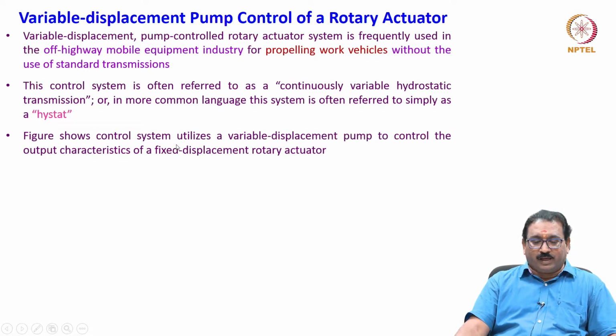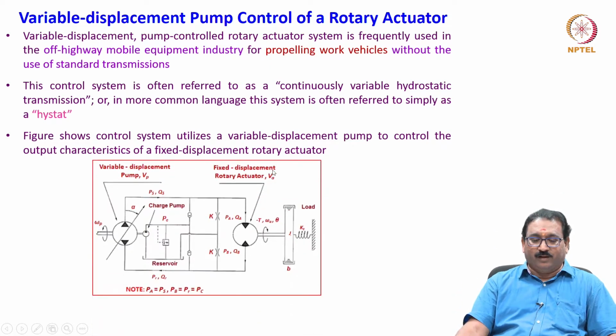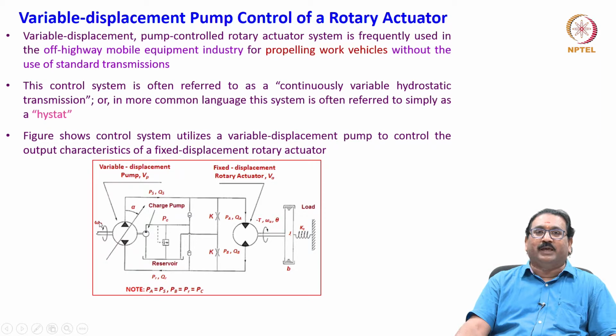The figure shows a control system that utilizes a variable displacement pump to control the output characteristics of a fixed displacement rotary actuator. Here, I have shown you the many components. The pump is a variable displacement pump, with angular velocity omega p.